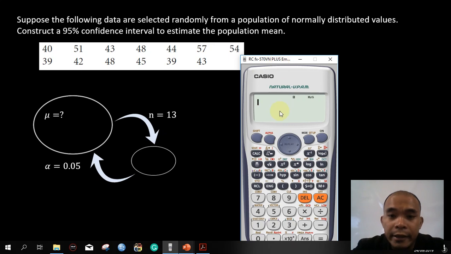Okay, and then you go to mode, statistics 3, and then 1 minus var, and then you have to input all the values there: 40, 39, 51, 42, and then 43, and then 48, 45, 44, 39, 57, 43, and then 54.